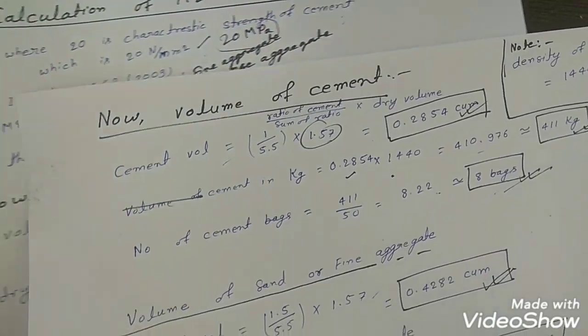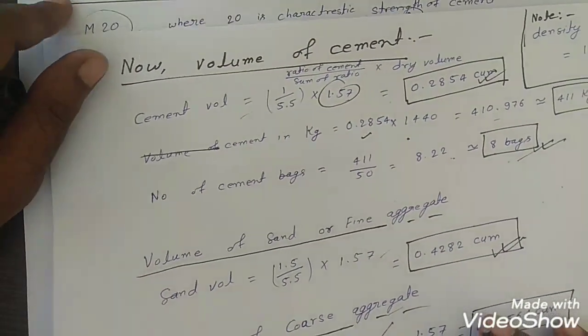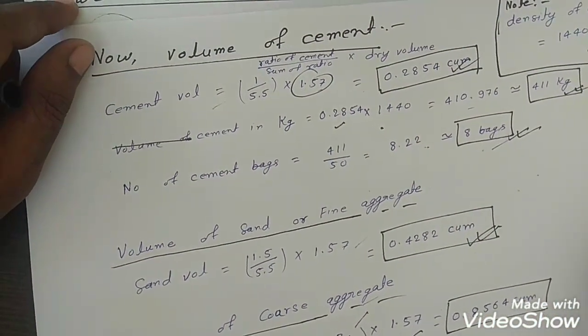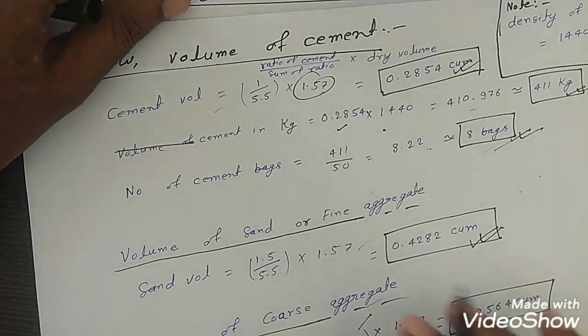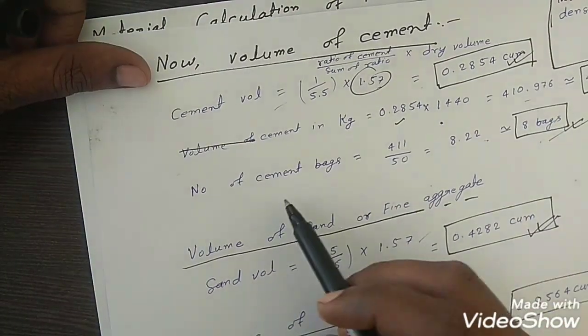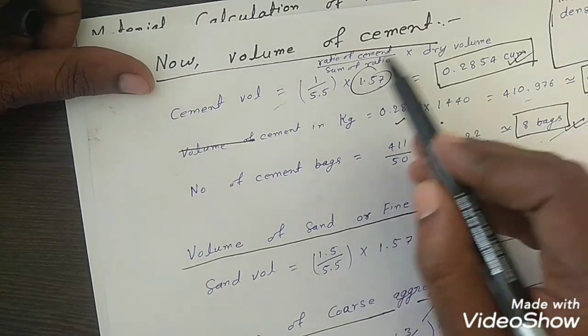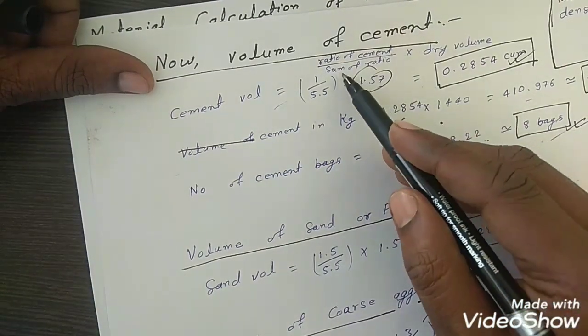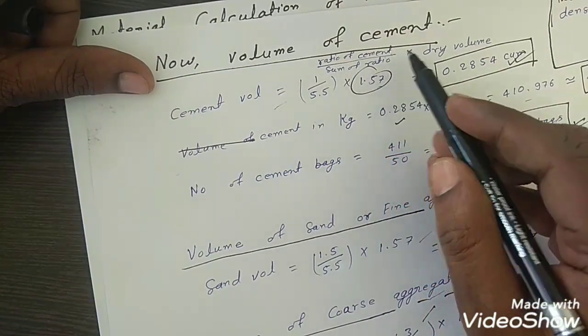Now we will calculate the amount of cement. So volume of cement will be the ratio of cement divided by the sum of ratio into dry volume.